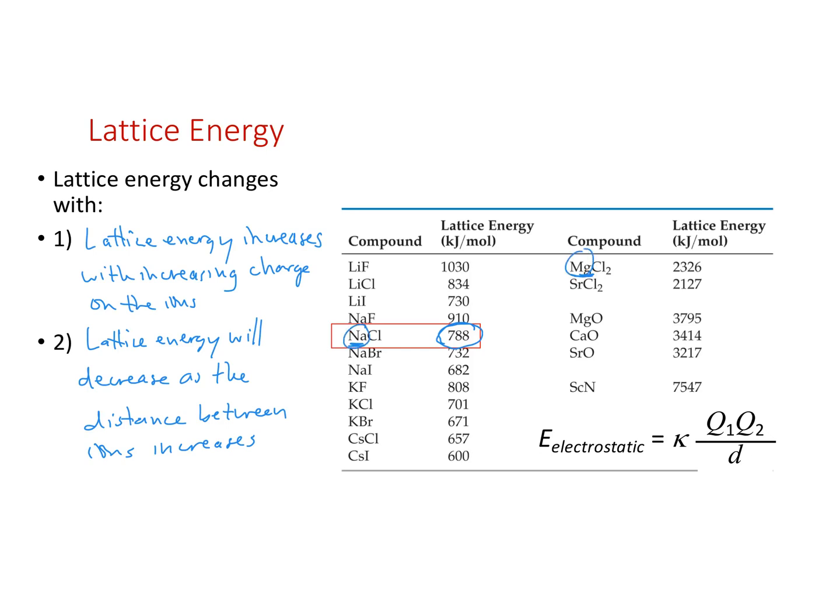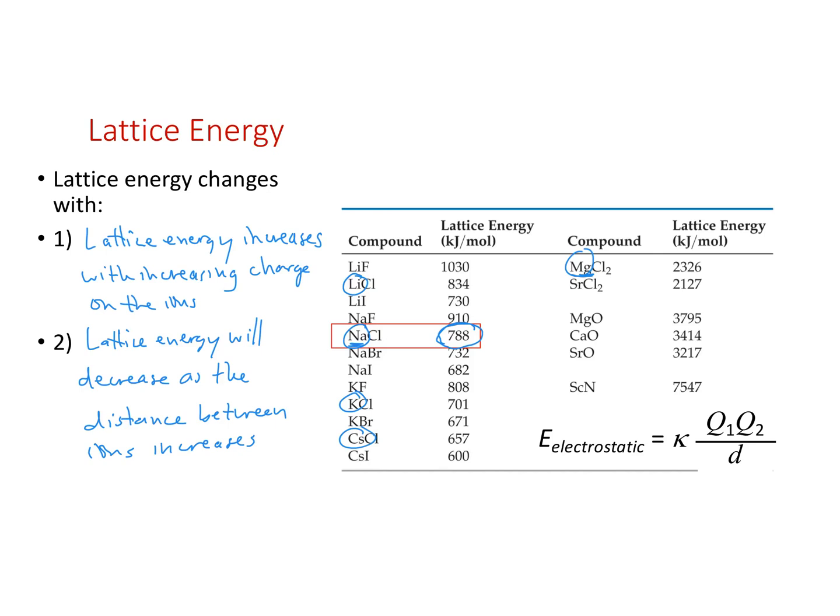So as charge increased, the lattice energy increases. The next thing, let's look at our radius, our distance between those charges, and let's keep all the ions the same. So let's look at lithium chloride, sodium chloride, potassium chloride, and cesium chloride. All four of those have a +1 charge, and we have the same anion.